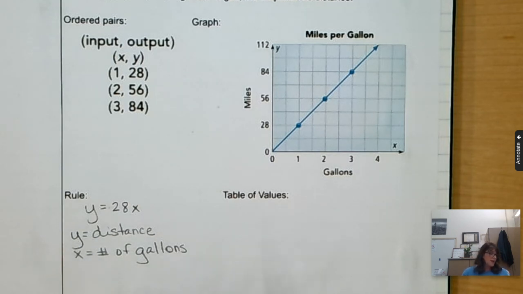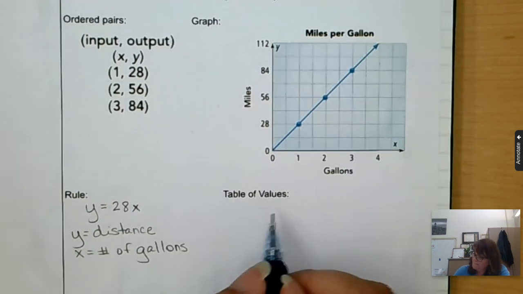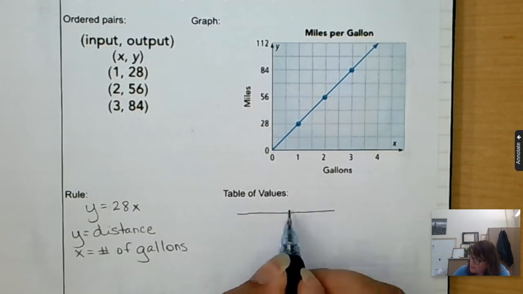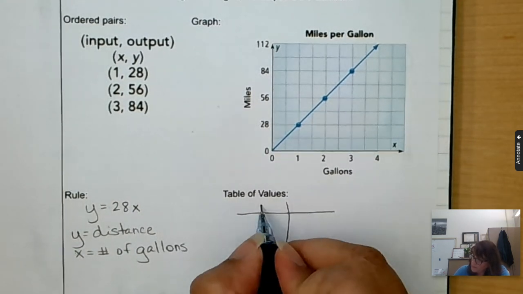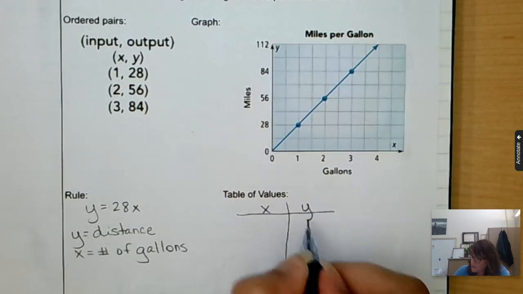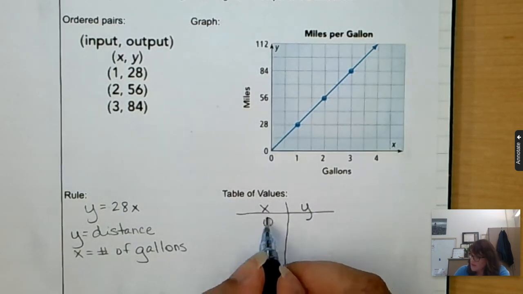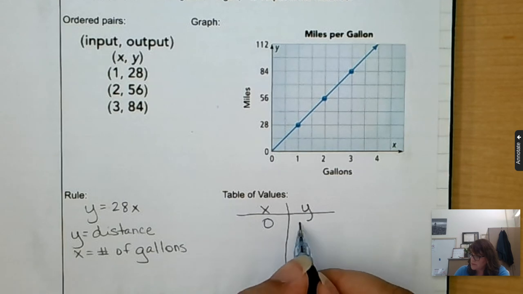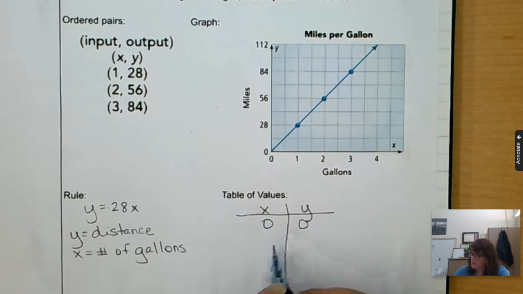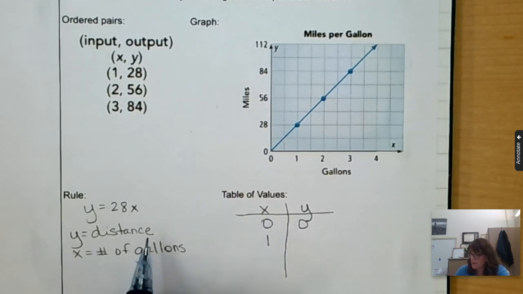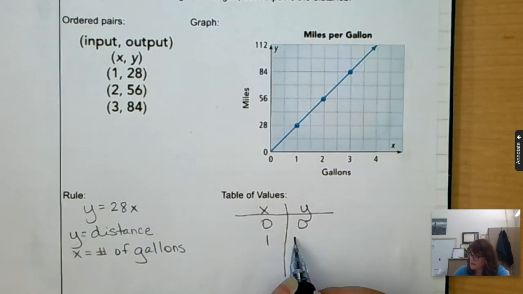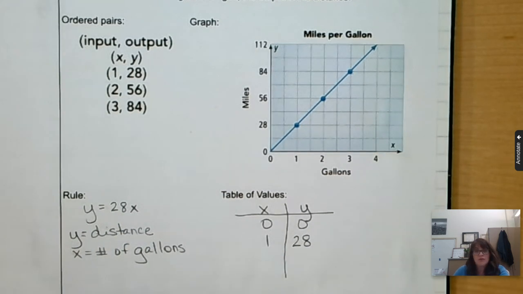Now, how would I create a table of values? Well, X, Y. 0 gallons, 0 miles. 1 gallon, well, 1 times 28, 28 miles.